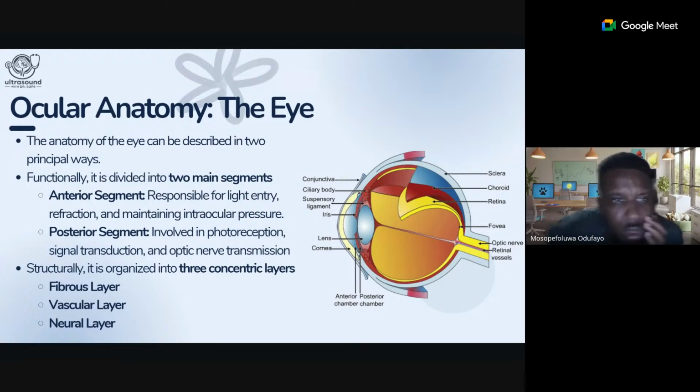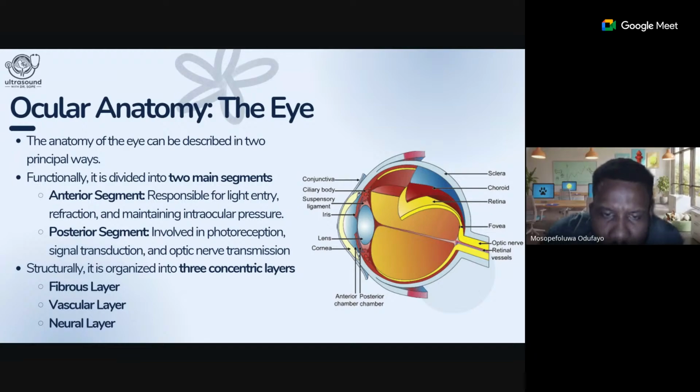All right. So the eye is functionally divided into two main segments: the anterior segment and the posterior segment. What we do is we just draw a simple line somewhere close to the anterior part of the eye.